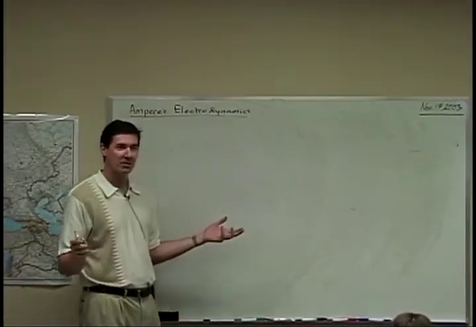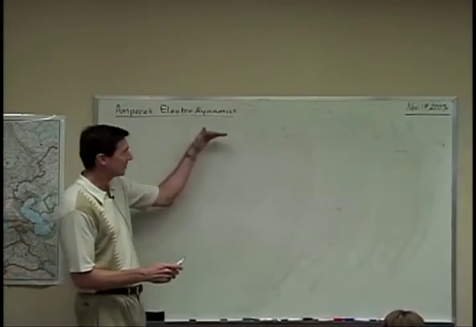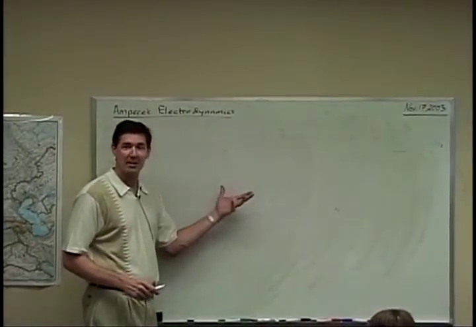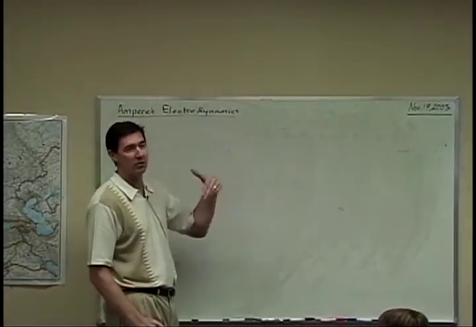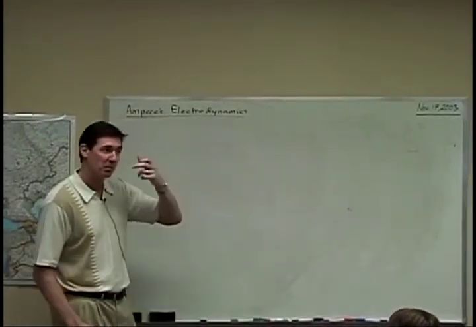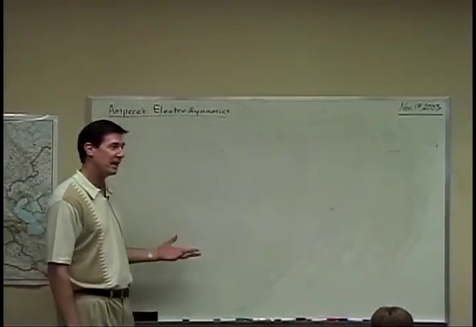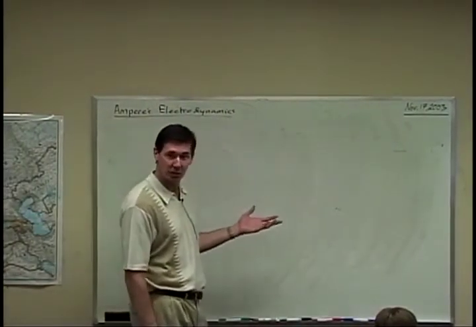Came up with those two handy right-hand rules, and then started to actually work out the math behind this and show that the forces were proportional to current and inversely proportional to distance. So that's a lot for one guy to do, and he did that really within a few years of Oersted's discovery.